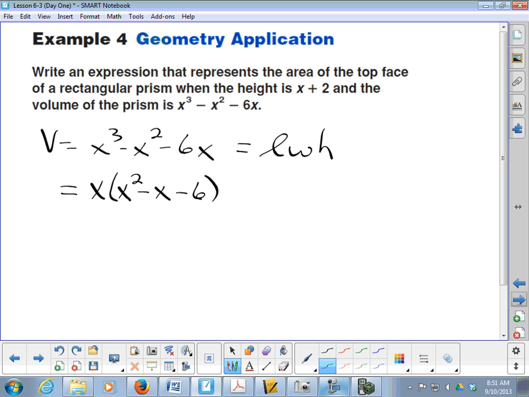Okay. X squared minus x minus 6. Does that look familiar? Okay. What goes here?